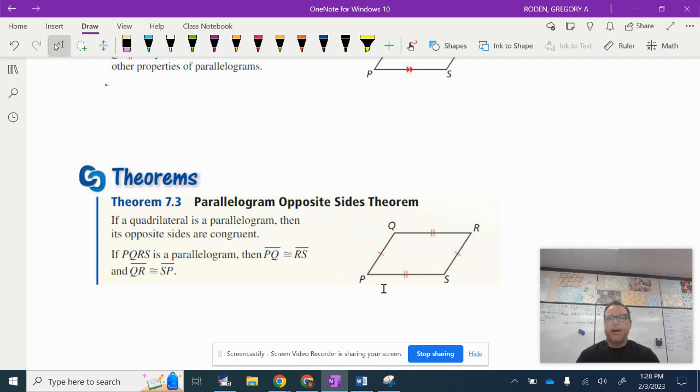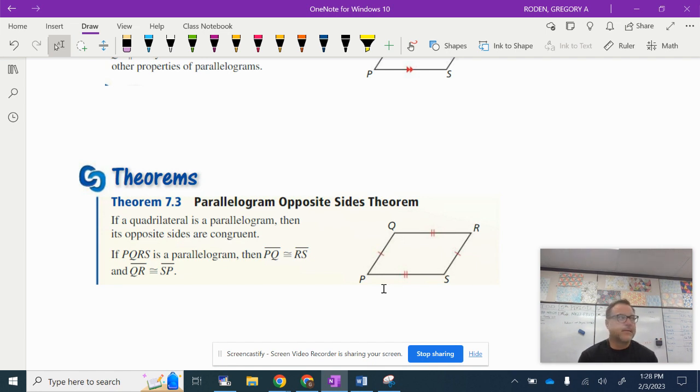If it is a parallelogram and the opposite sides are parallel, that would be our hypothesis, then we know that the opposite sides are congruent also. In a minute, we're going to prove why a slanty box has opposite sides congruent, because that's not the definition of a parallelogram. The definition is opposite sides parallel.